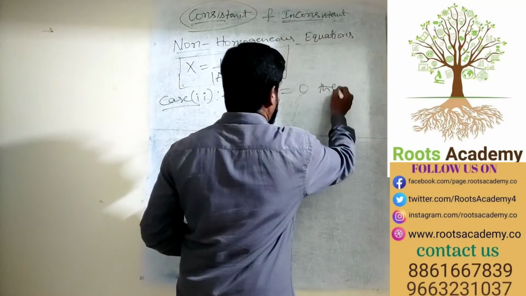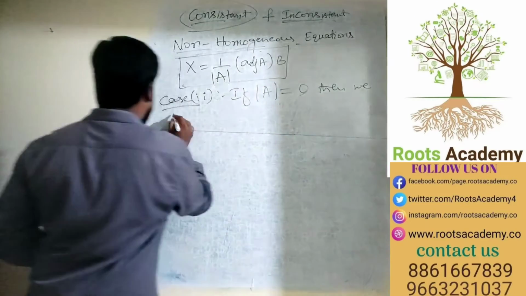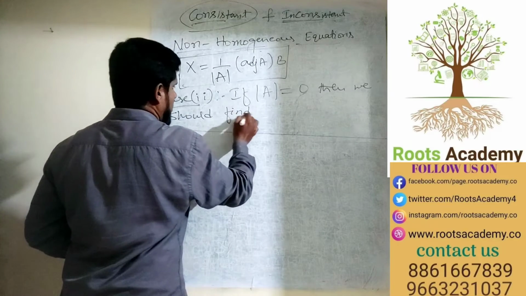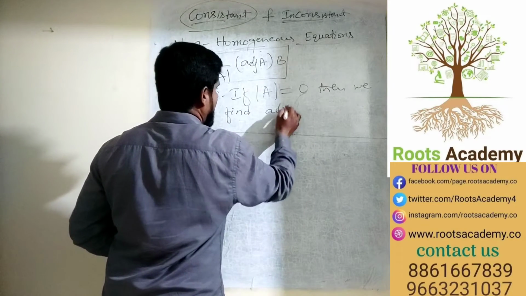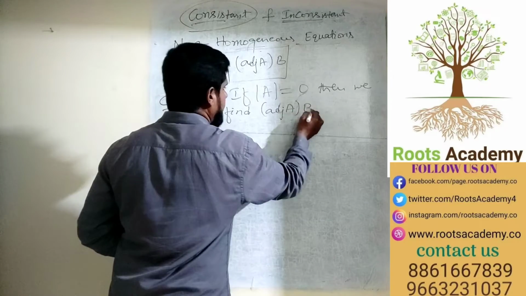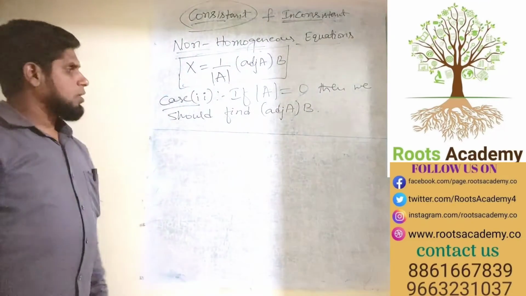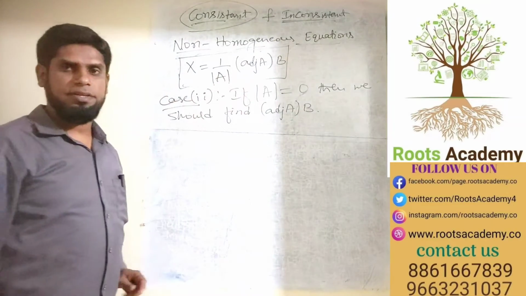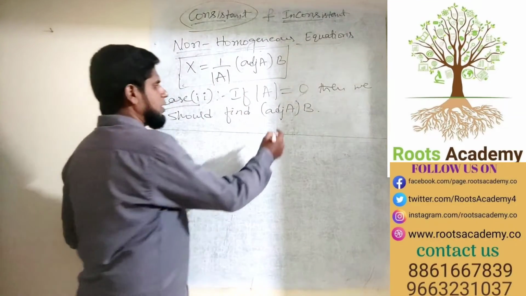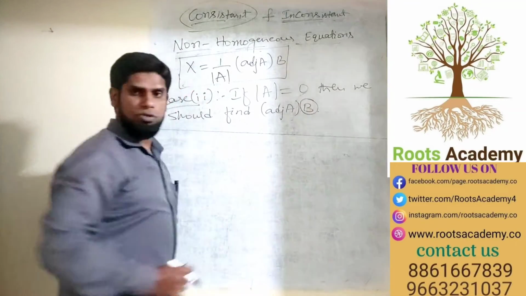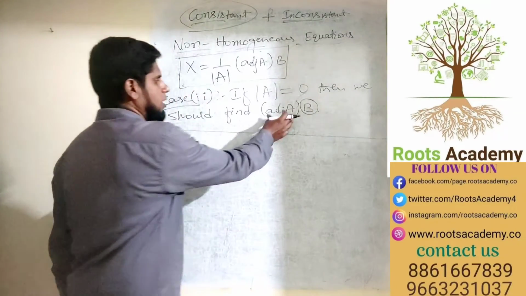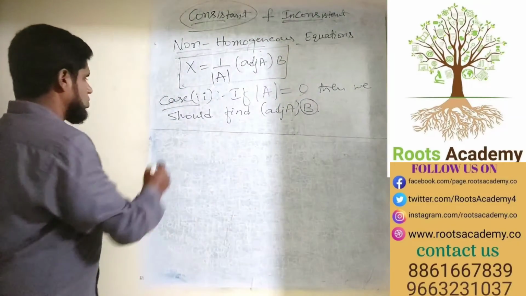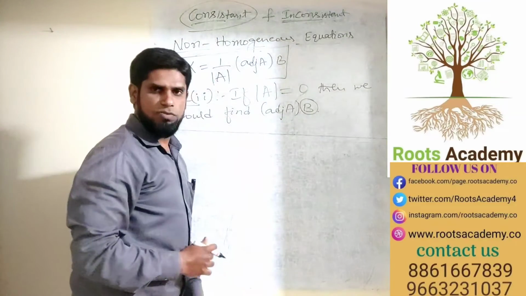Then we should find adjoint A into B. We must find this adjoint A into B before we declare anything. Here B is not equal to 0 and adjoint A we should find. After that we should multiply these two things. So student, again here 2 more cases will come.